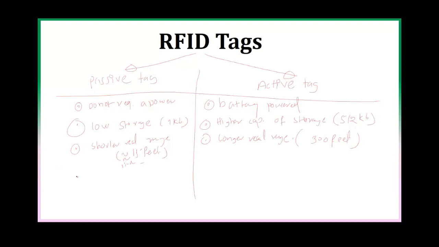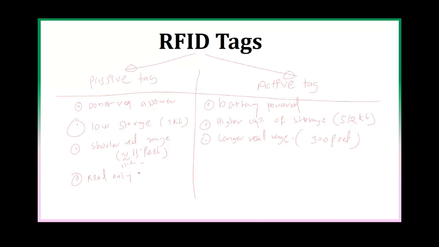These passive tags, you could say, are read only kind of tags. Once the information is burned inside them, they'll be useful for that thing only. They are not reusable, or many writes could not be done.